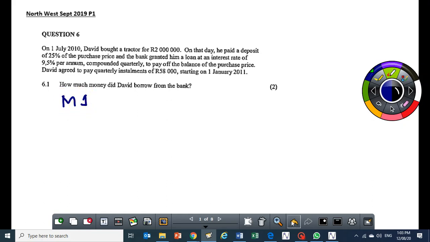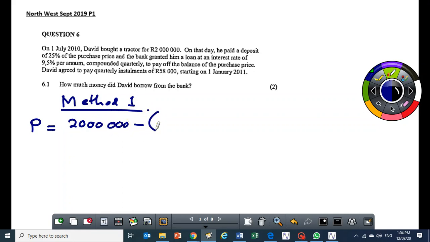Method 1. The amount borrowed, I'll call it P. So it will be equal to 2 million minus 25% times 2 million. 25% of 2 million is 500,000.